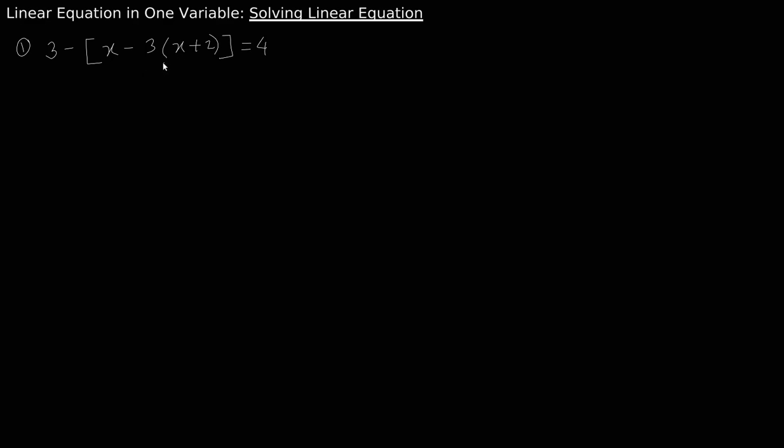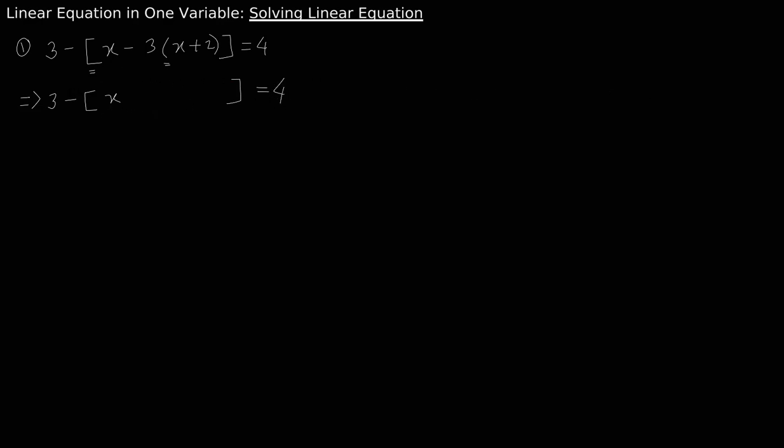Simplify means I'll try to eliminate the parentheses, and then I'll try to eliminate the bracket. So I have 3 minus the bracket x minus 3 times (x plus 2), equals 4. These are original as they are.